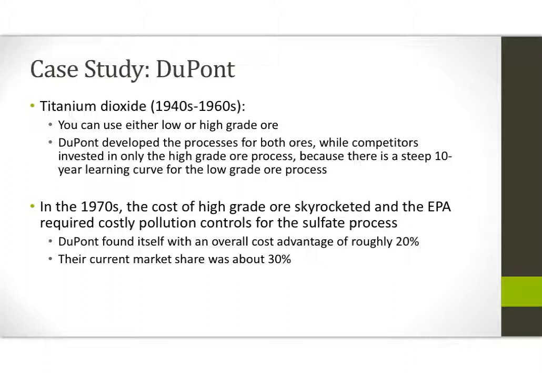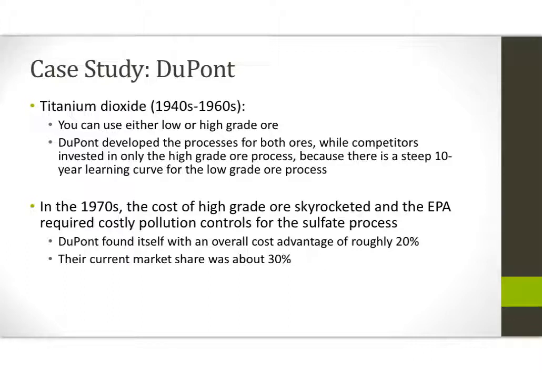They had spent money on research and development, and developed processes to use both low and high grade ores. Almost all of its other competitors only invested in the high grade ore process because there's an expensive and steep 10-year learning curve for the low grade ore process. So all their competitors were focused on just the high grade ore process.